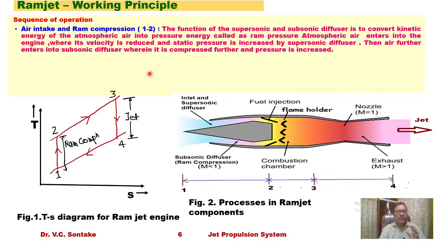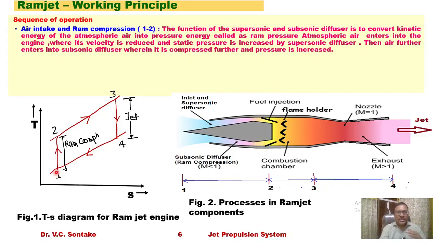Later, the air further enters into the subsonic diffuser, where it is compressed further and pressure is increased, and this takes place in this part of the diffuser. So from process 1 to 2, ultimately kinetic energy of the incoming atmospheric air is reduced and converted into pressure energy to rise its pressure.